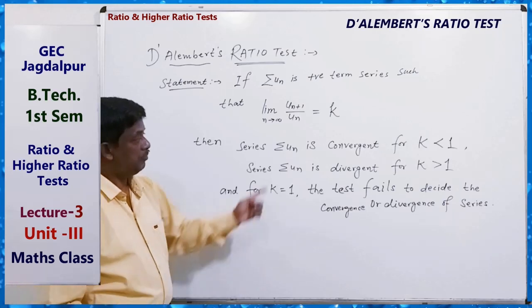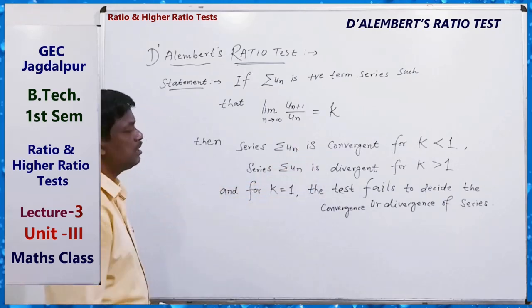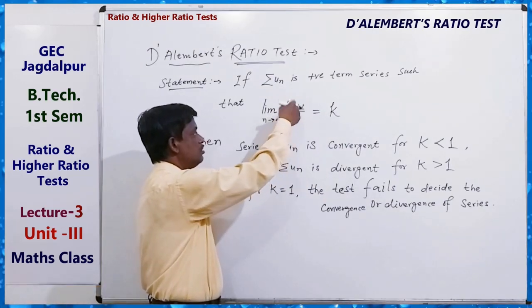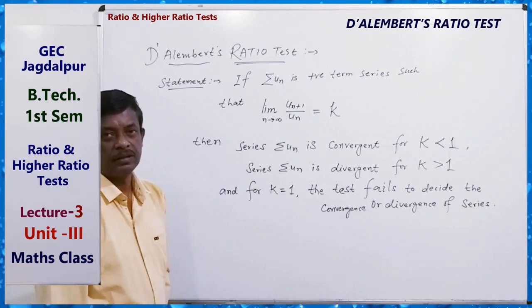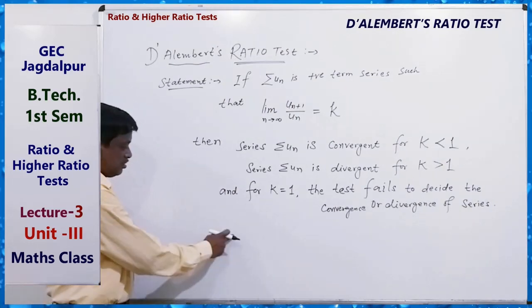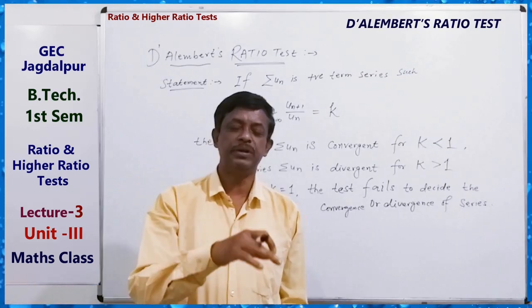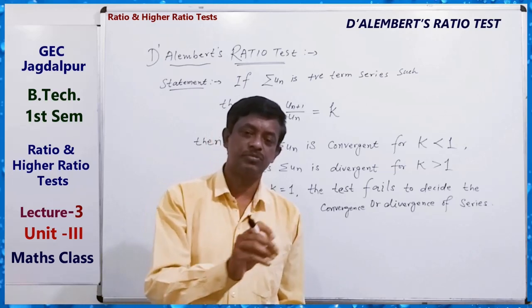If the limit is less than 1, convergent; greater than 1, divergent. It is a convenient form because at the start you get this type of statement. It comes from comparison of ratios, whenever we compare one series with another series.